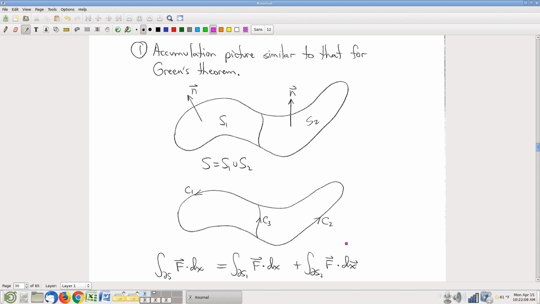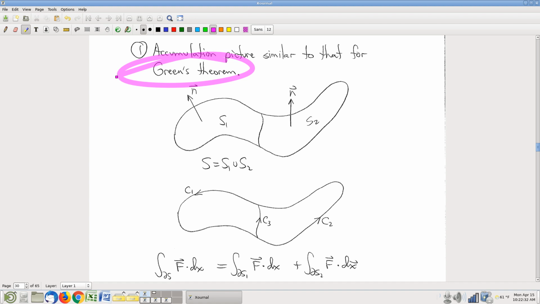We made the observation that this circulation accumulates. Well, golly, it looks an awful lot like the picture for Green's theorem. You can literally take a picture that you would have drawn for Green's theorem on a piece of paper, pick it up, and give it a little bend. Now you've got a 3D model for a picture describing how, in this context of surfaces and boundaries, that circulation accumulates.